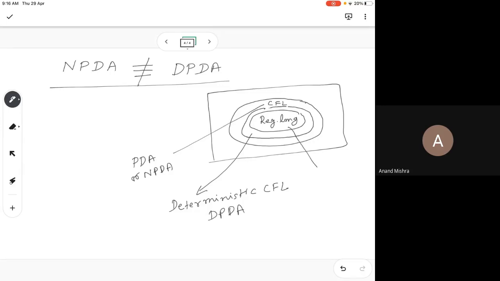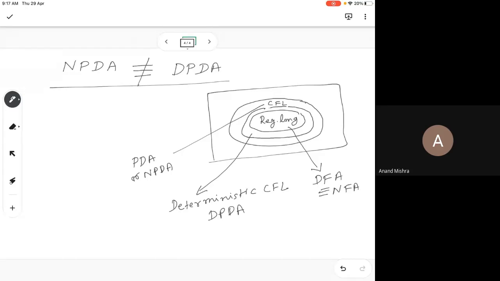And regular language is recognized by finite automata, DFA and NFA, which are equivalent. PDA and NPDA are the same. This is the hierarchy we are leading to.